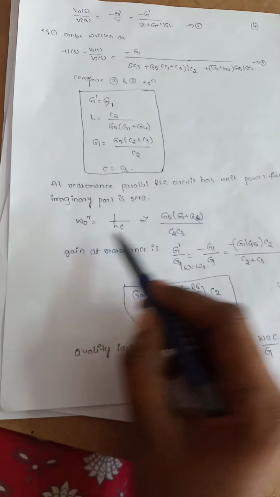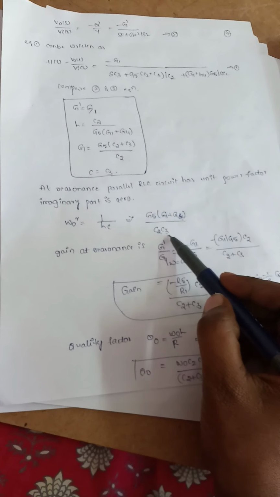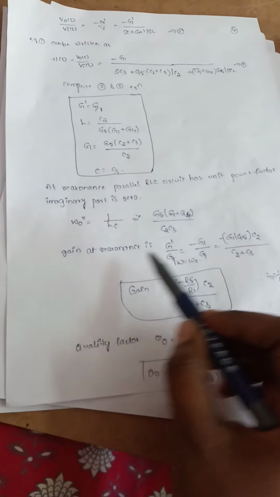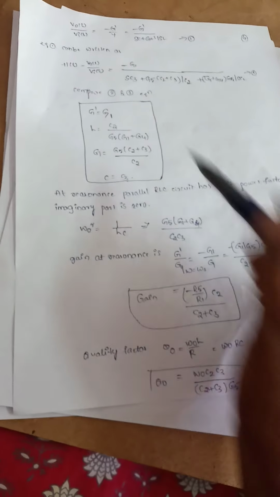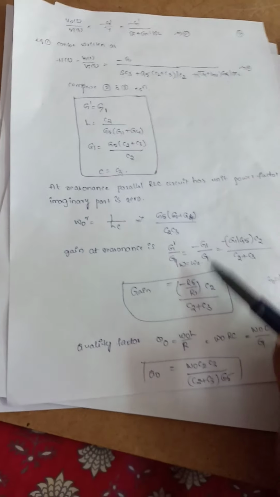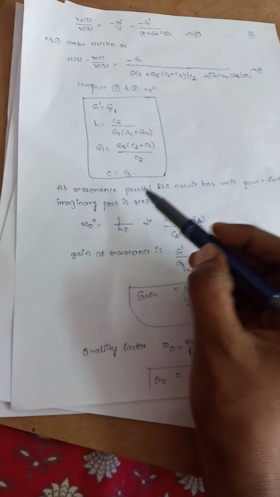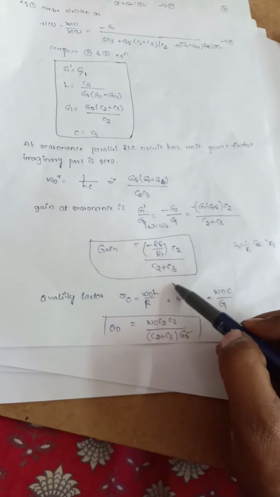From that, omega naught square is equal to G5 into G1 plus G4 by C2 into C3, and gain at resonance is equal to G dash by G1. Substitute the G1 value and also the G value. Then we'll get gain is equal to minus R5 by R1 into C2 by C2 plus C3.